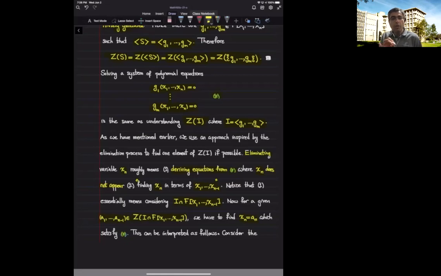So essentially, we plug in a_1 through a_{n-1} for the x_i's, and then we get single variable polynomial equations, and we want to solve them and find out what x_n is. What is not clear is whether or not this system of polynomial equations has a zero. Maybe we get unlucky and those polynomials do not have a common zero inside F.